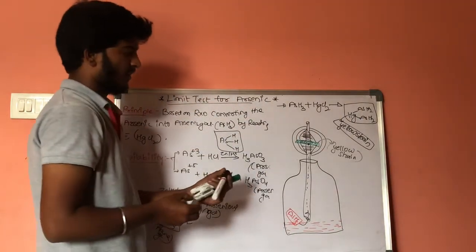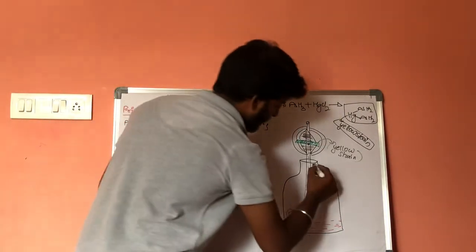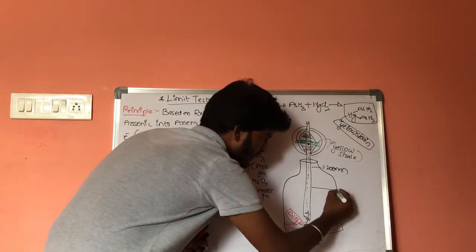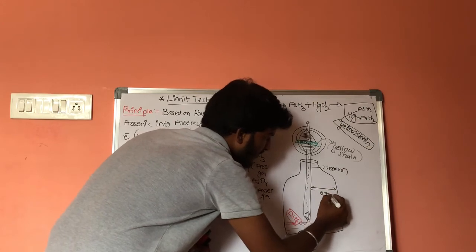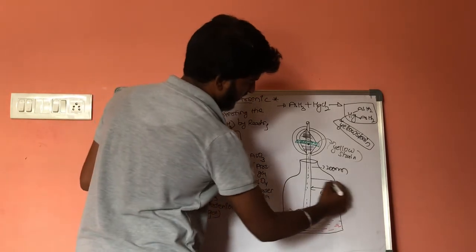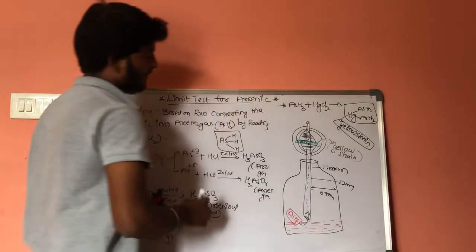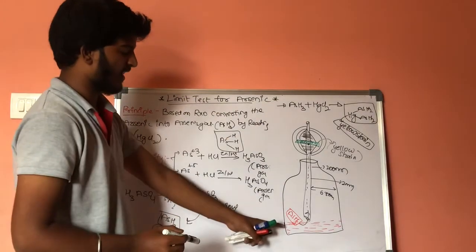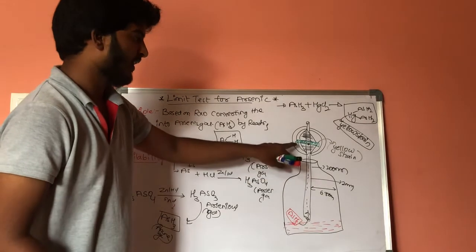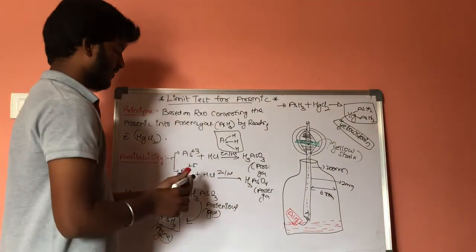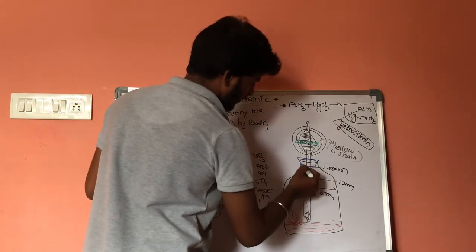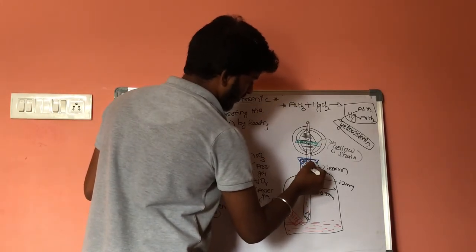This is 200 millimeters, 200 mm, and the length between these two is 6.5 centimeters, and the thickness of this tube is 2 mm. Here the arsine gas is present, and when the arsine gas enters into this pipe, it will reach the end, which is corked with a rubber cork.